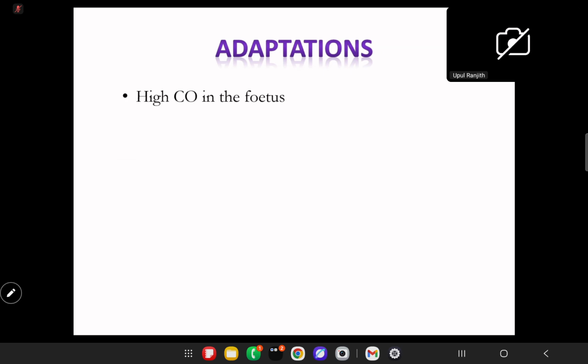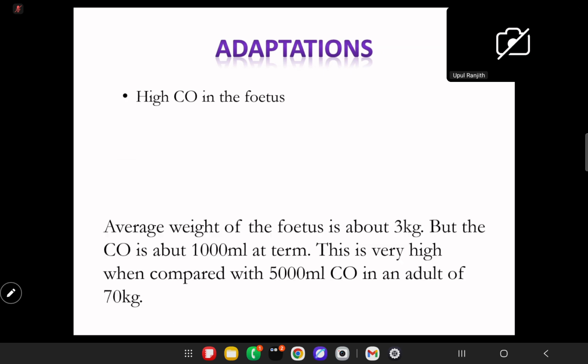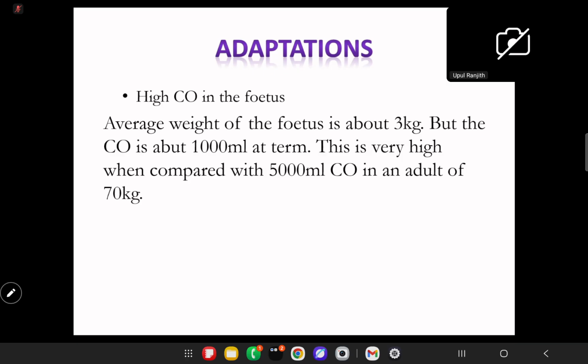Then high cardiac output in the fetus. The average weight of the fetus is about 3 kilos, as I told you, but the cardiac output is about 1000 ml. This is very high when compared with the 5000 ml cardiac output in an adult of 70 kg at rest.